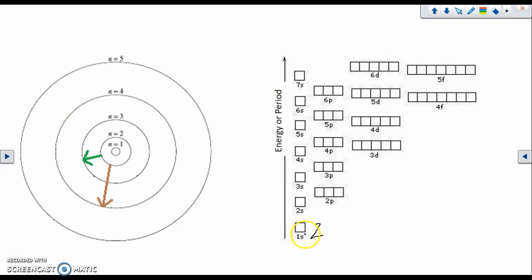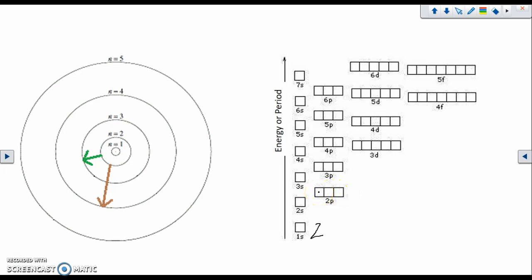Note that there are letters now. So there's an S subshell in this case. You have P subshell, D subshell, F subshell. Okay. If you look at the S's, each S subshell only has 1 orbital or 1 box. So each S subshell can contain a maximum of 2 electrons. The P subshell consists of 3 boxes.